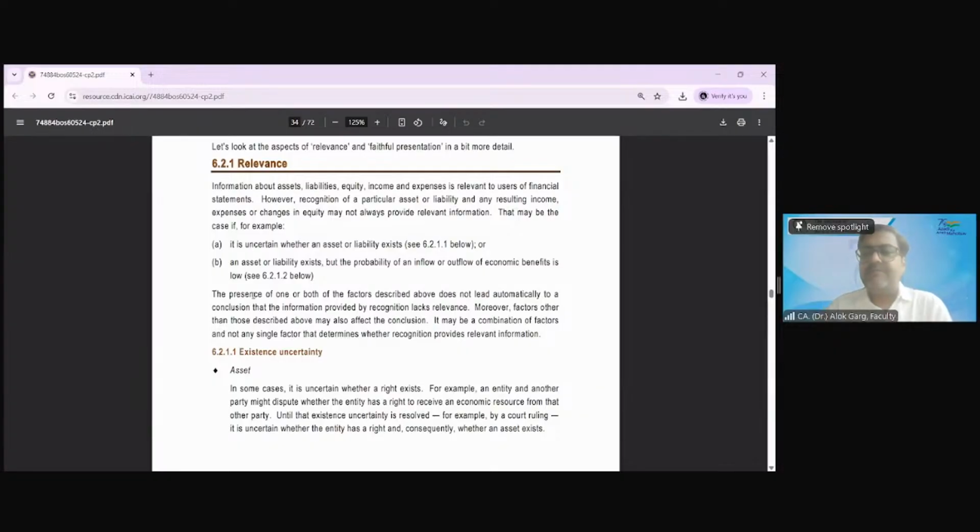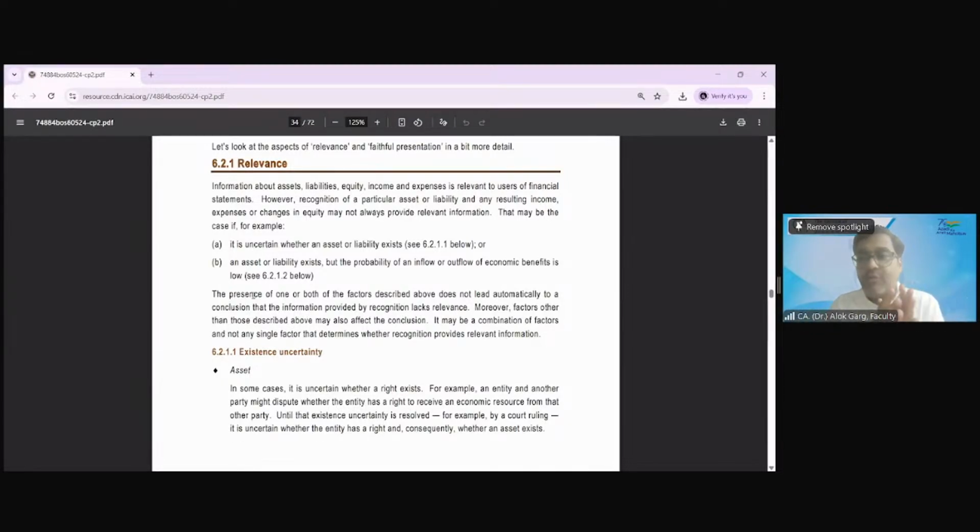For example, if there is an asset, whether the asset will be able to give you future economic benefit or not, right? Whether there is a probability, and what is meant by probable? Probable means more likely than not. More than 50% chances are there that the asset will be able to provide you future economic benefits.